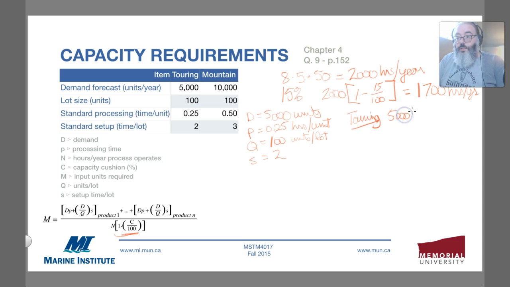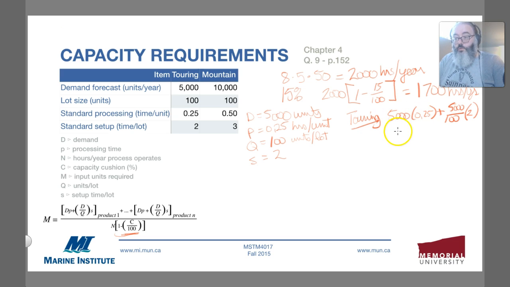So for touring, what we're left with is 5,000 times 0.25 plus 5,000 over 100 times 2. So essentially these numbers are the number of hours it takes to make each unit.